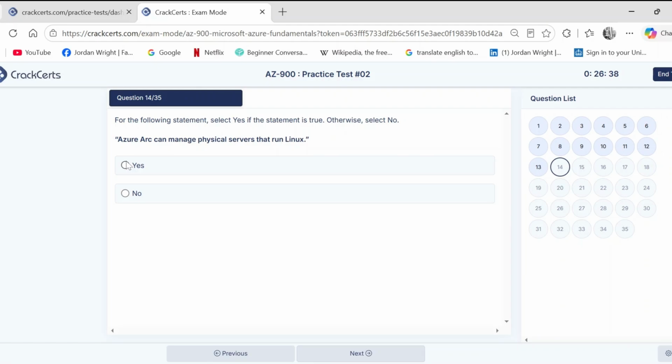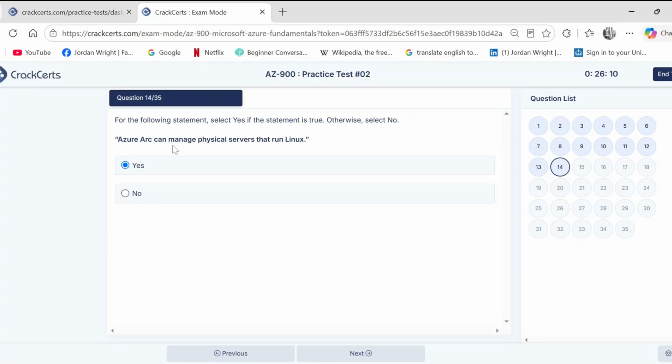Well, Copilot you can use whatever, but I wouldn't say Copilot is a physical server. It's a web app. Yeah.